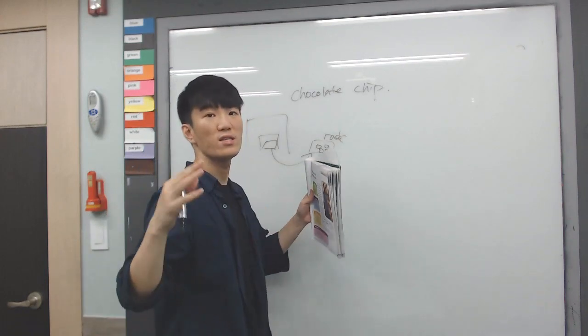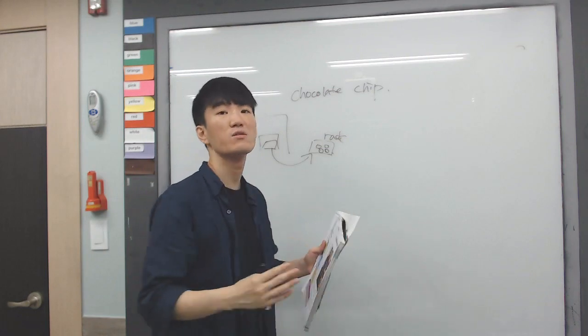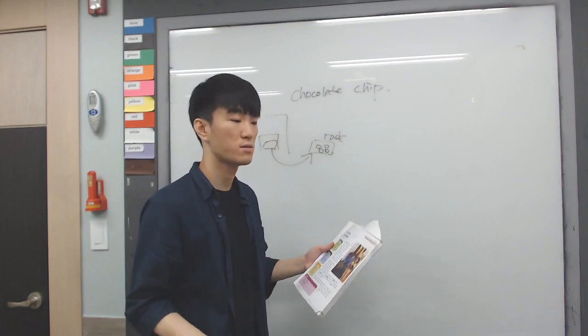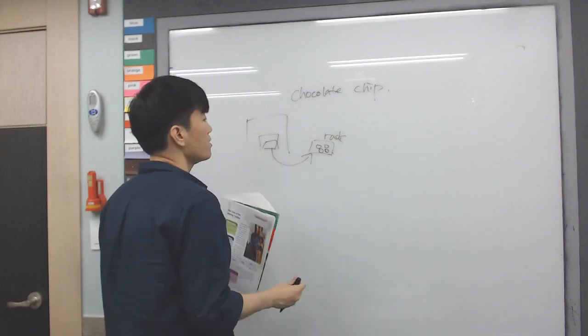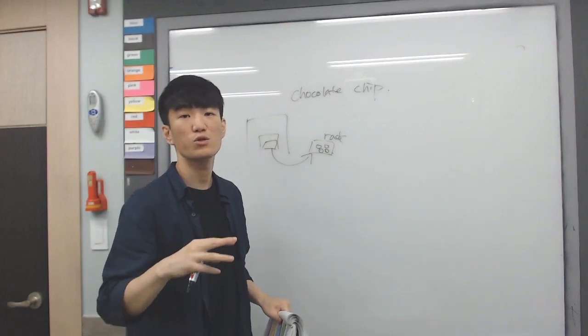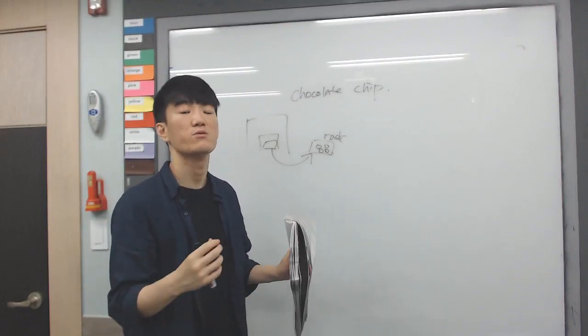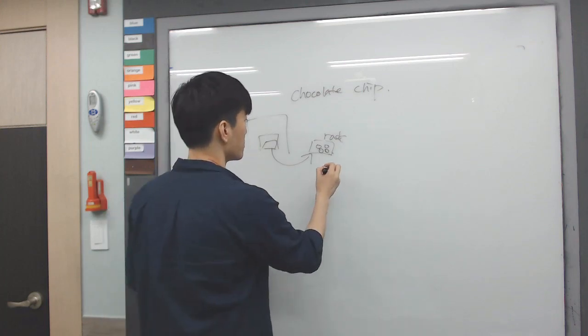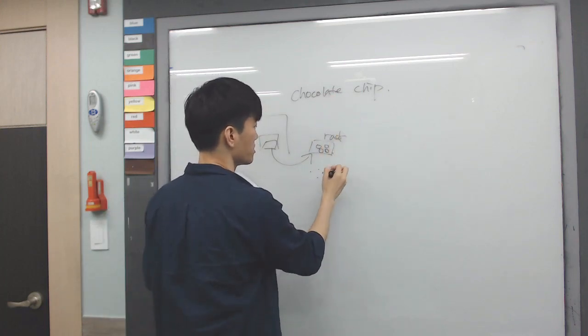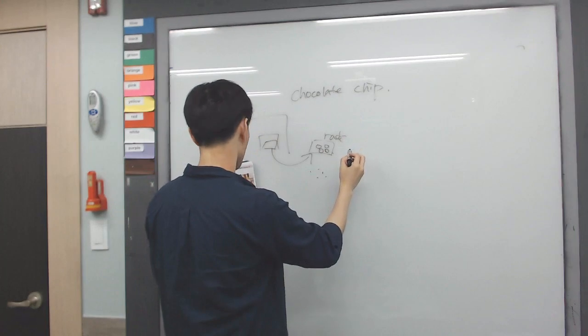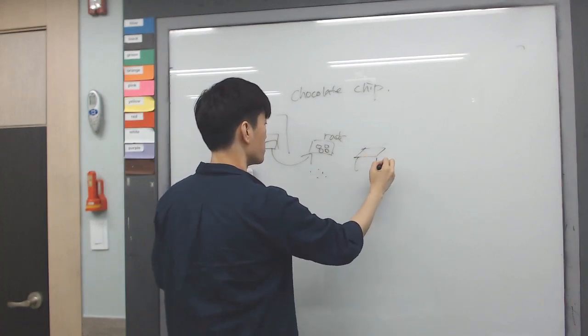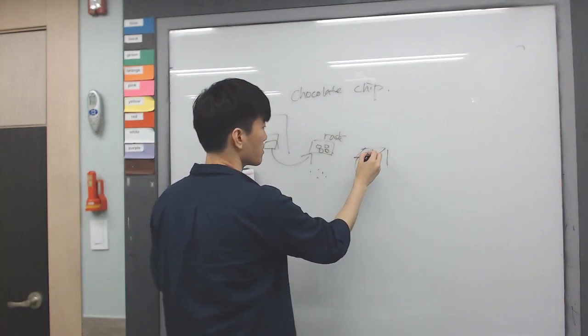When she went back to the kitchen, she couldn't find where the cookies are. The only thing she could see was just crumbs. Like this is the kitchen, some crumbs here, and on the table. This is the table and some crumbs.